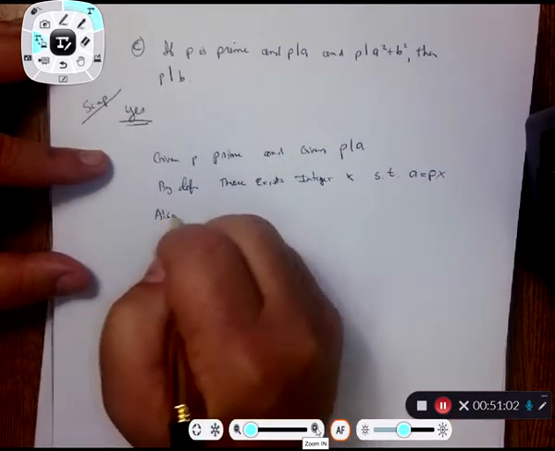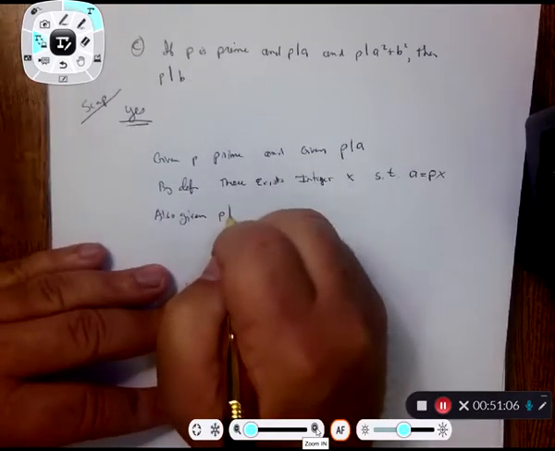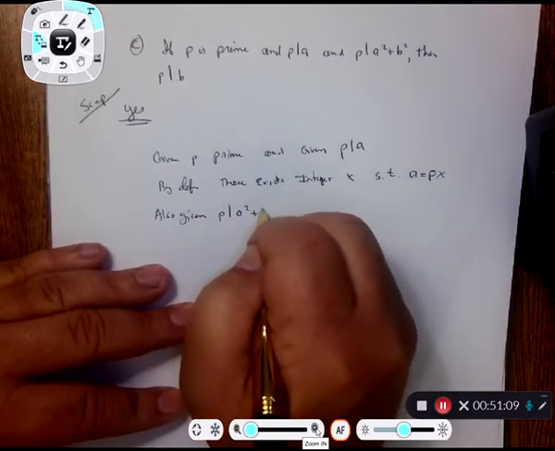We're also given that P divides A squared plus B squared.